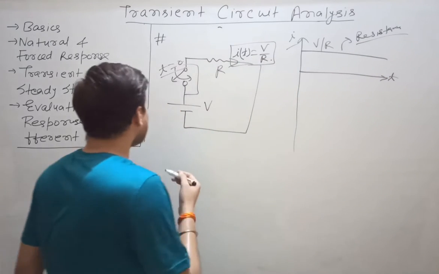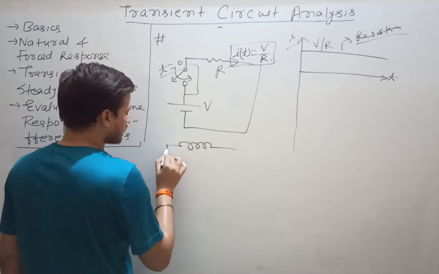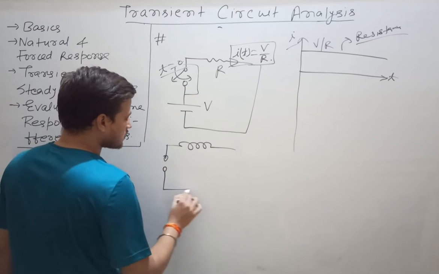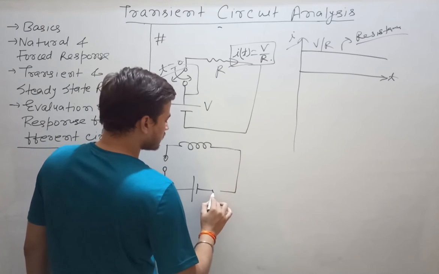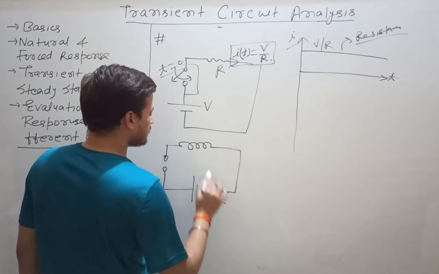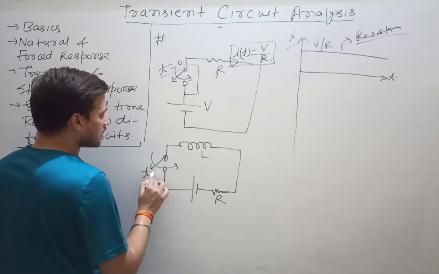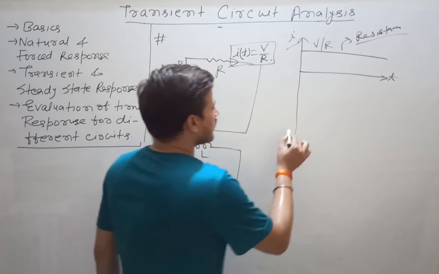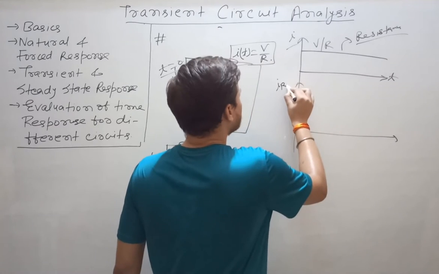But if you are having an inductor, and again you are having a switch, suppose you are having an RL circuit. Clear? This is the switch. Now when the switch is closed at t equal to 0, in the case of an inductor, here I am drawing the current of the RL circuit.